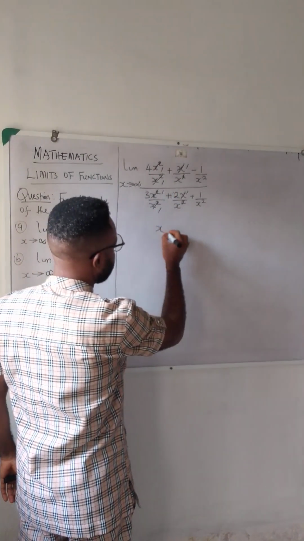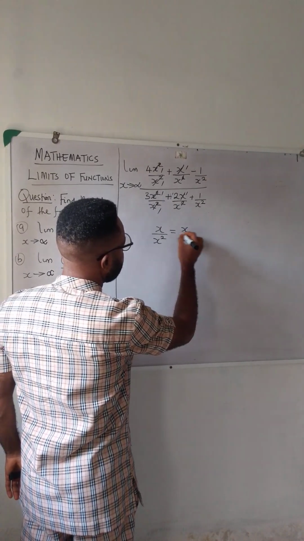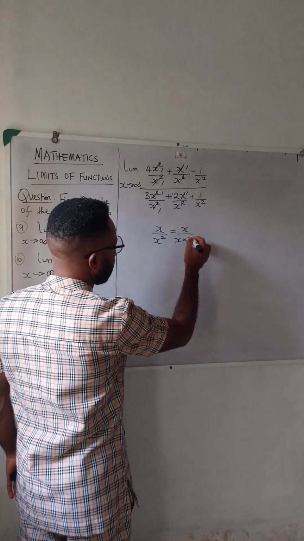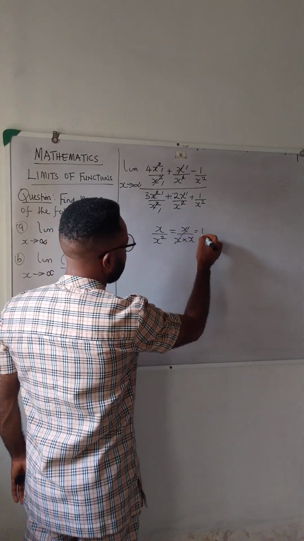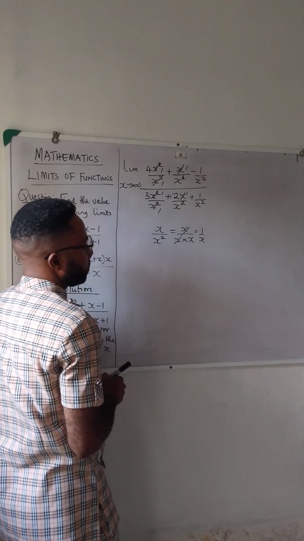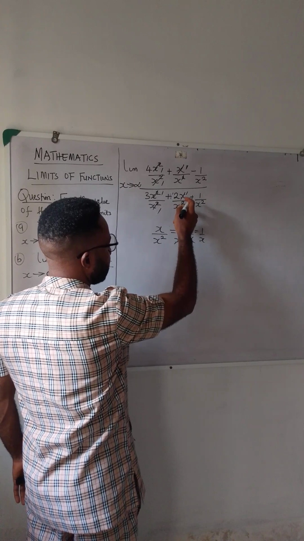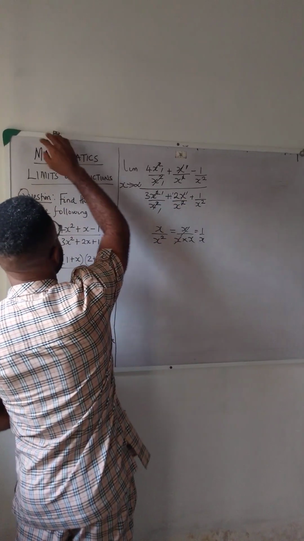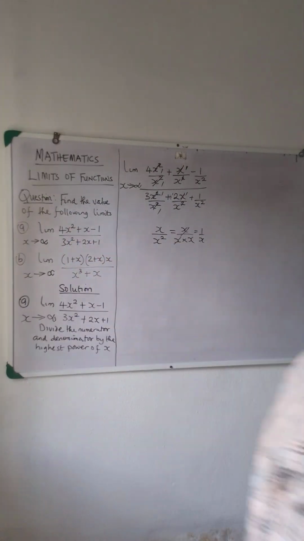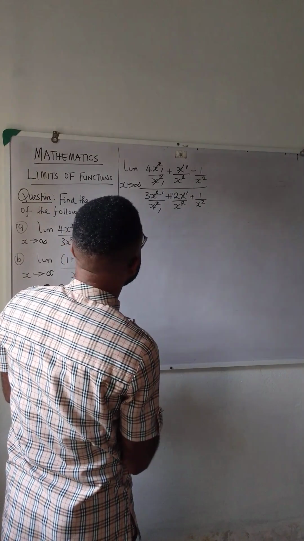If we have x all over x squared, it is the same thing as x all over x times x. When this cancels out, we'll be left with 1 over x. The same thing applies here. So we solve for that.